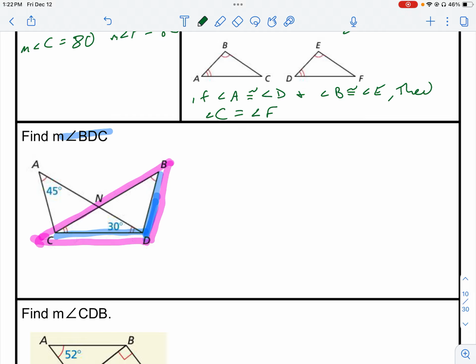Well, 30 degrees for my 2 means this is 30 degrees over here. 45 degrees for 1 means A and B are the same, so this is 45 degrees. Well, angle BDC has 180 degrees in it. We used up 75 of it, so the measure of angle BDC equals 105 degrees.